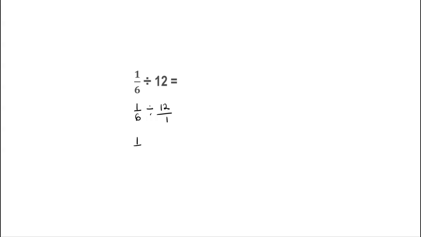So I'm going to keep 1/6 the same, change this to multiplication, and this becomes 1 over 12. I will then multiply my 1 times 1 to get 1, and I will multiply 6 times 12 to get 72. So this answer will just be 1 over 72.